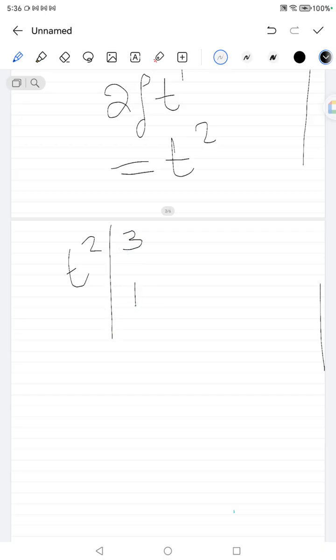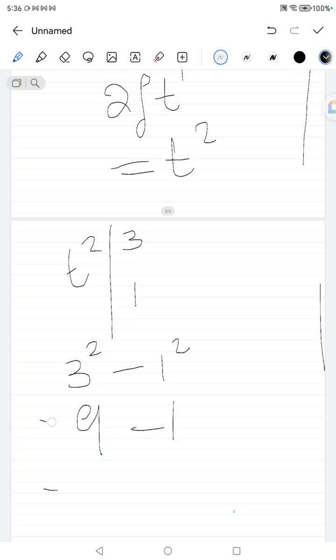So it means now you have your 3 squared, because remember where you see your t, you input your 3 minus your 1 squared. So this is the same as having your 9 minus 1.